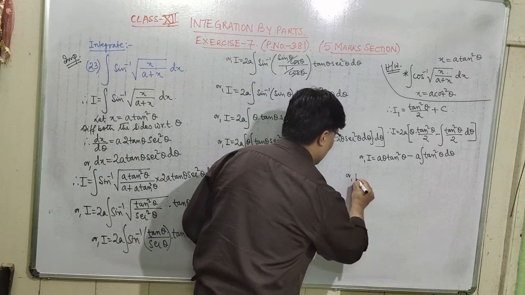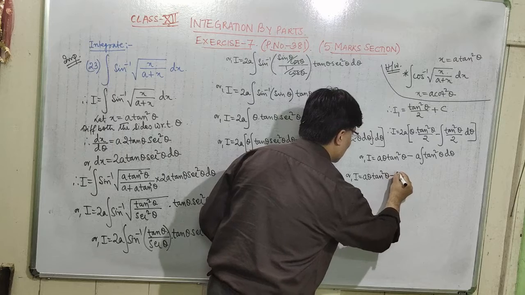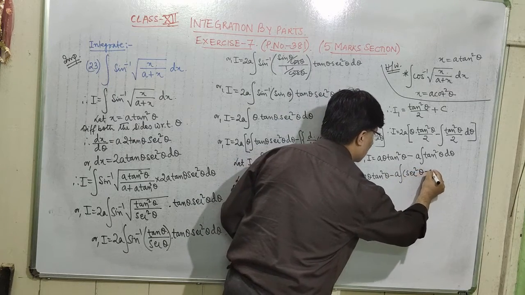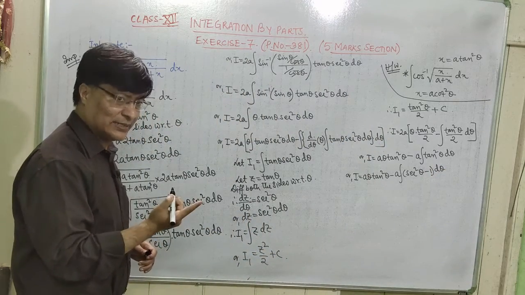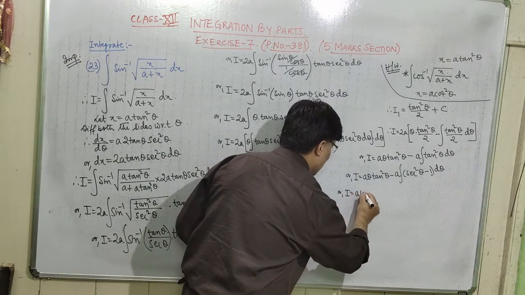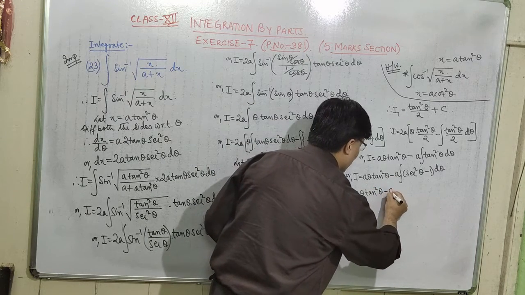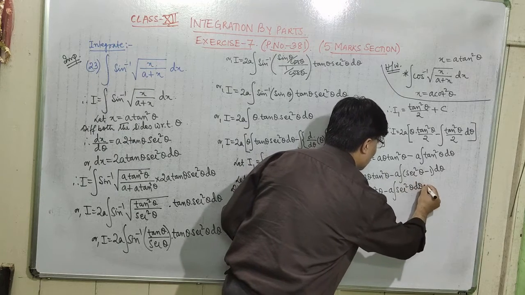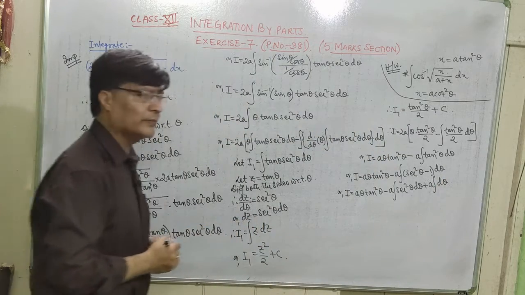So I is equal to a theta tan square theta minus a integration of, within bracket, sec square theta minus 1, bracket close, then d theta. Or I is equal to a theta tan square theta, let us separate the term, minus a integration of sec square theta d theta plus a integration of d theta.